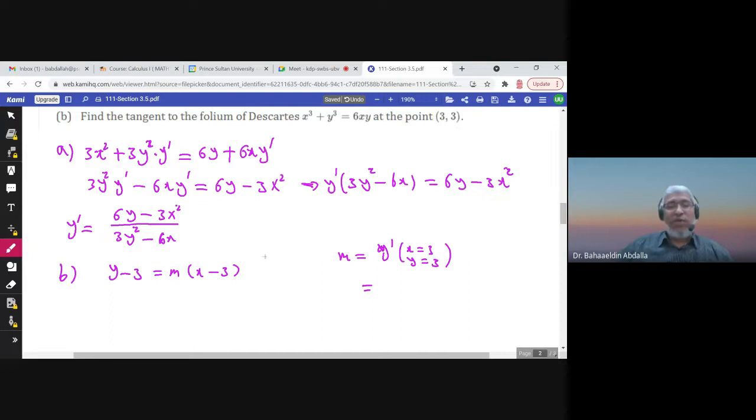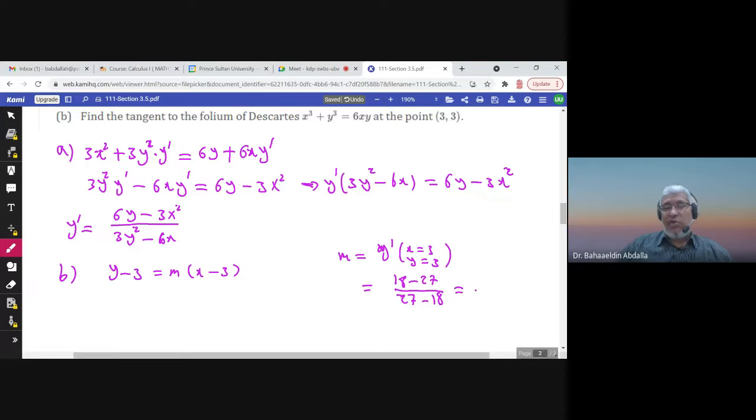So this would be equal to 6 times 3, 18, minus 3 times 9, because 3 squared is 9, 27, over y squared, which is 9 times 3, that's again 27, minus 6 times 3, that's 18.